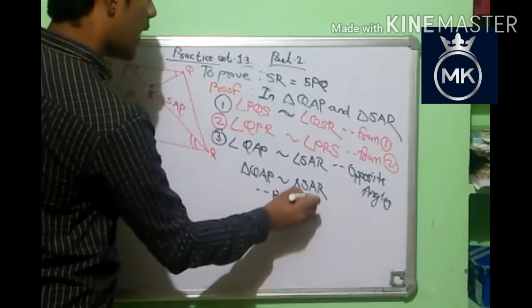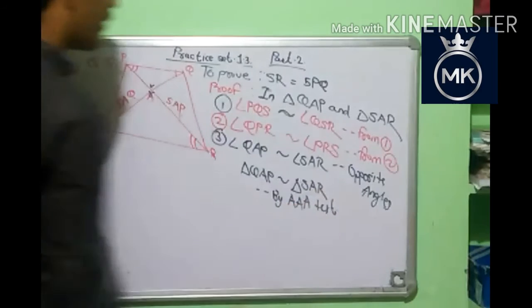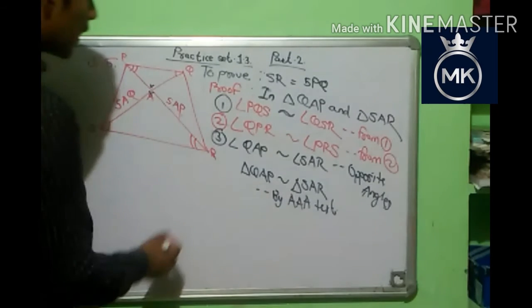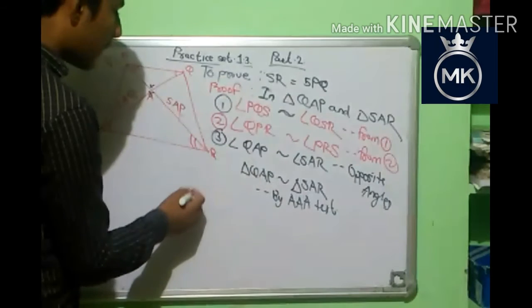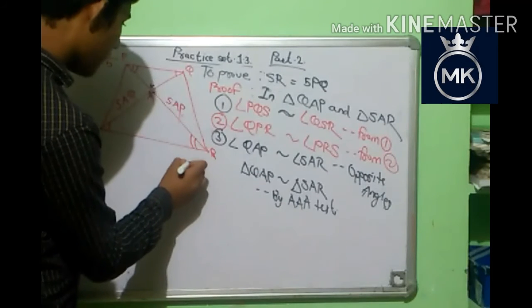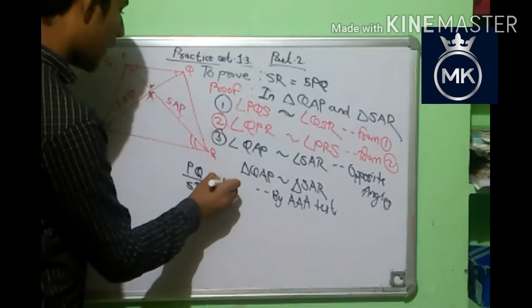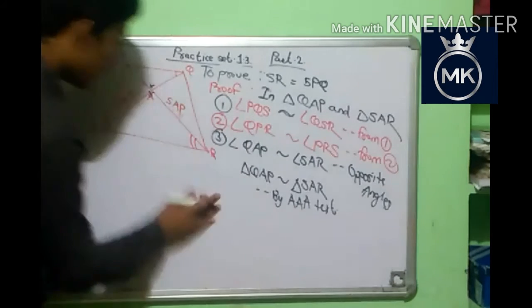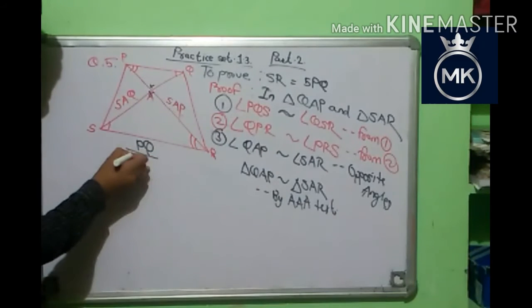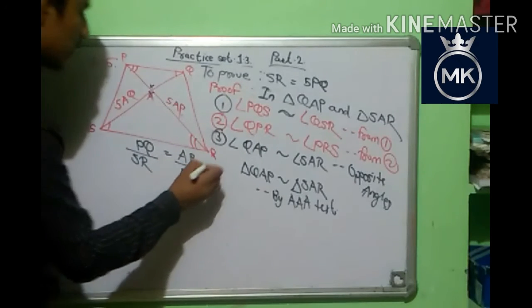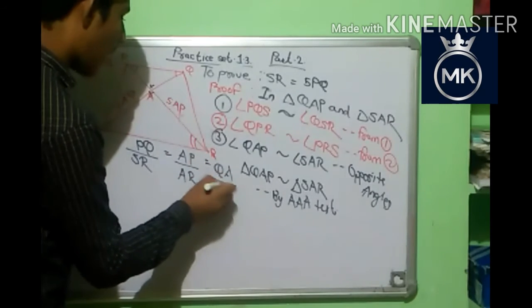AA or AAA test. So friends, when two triangles are similar, the corresponding sides are in the same proportion. So we write the corresponding sides of QAP and SAR. PQ by SR is equal to AP by AR is equal to QA by SA.